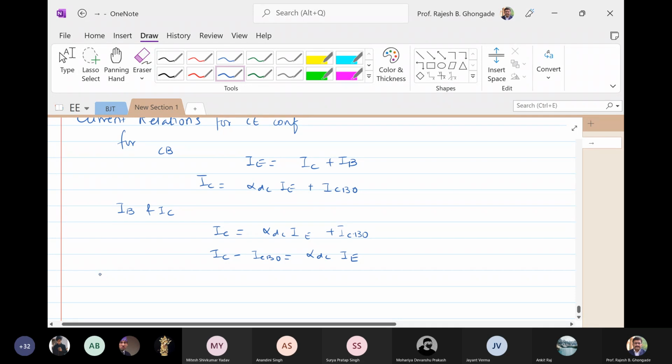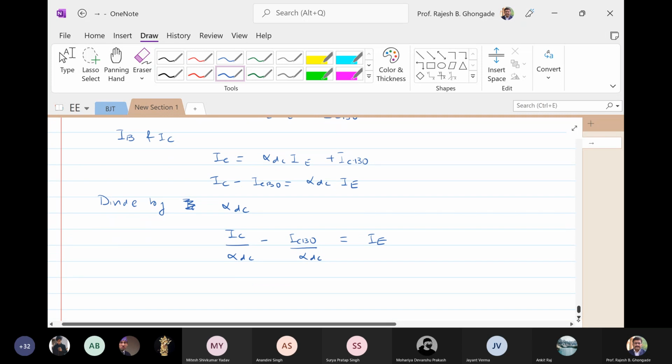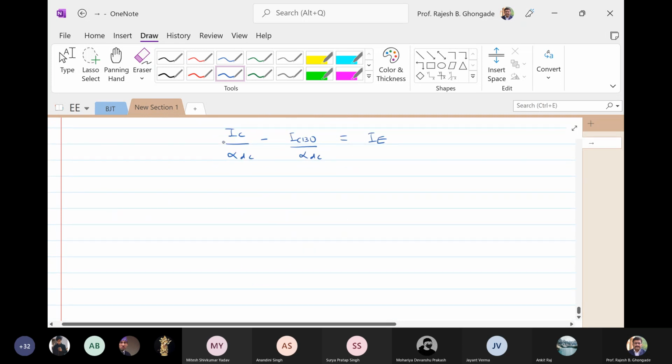Now we divide both sides of the equation by alpha DC. So if I divide both sides of this equation by alpha DC, what do I get? IC by alpha DC minus ICBO by alpha DC is equal to IE. Okay, up to this point, I'm simply dividing the equation by alpha DC.